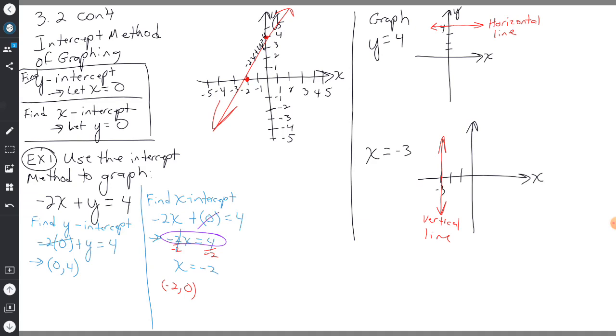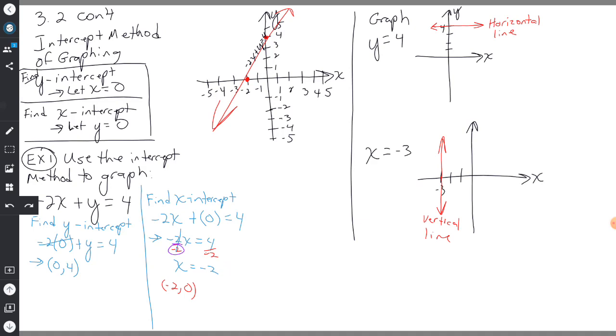We divide off the negative 2 so that we can solve it for x. So x is now going to be equal to negative 2. So in terms of x comma y, for our intercept point, we have negative 2 comma 0. We can take these 2 points that we found and plot them on a graph.